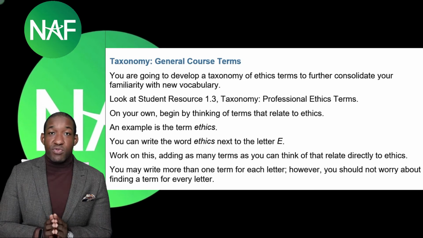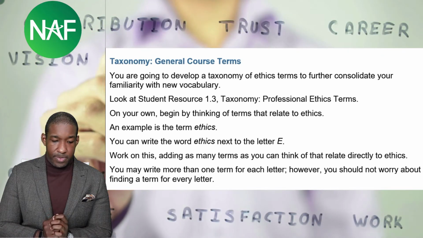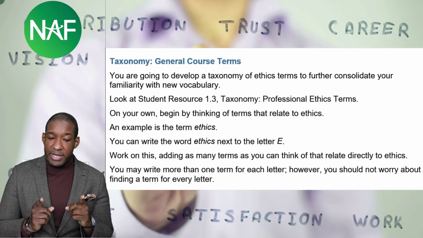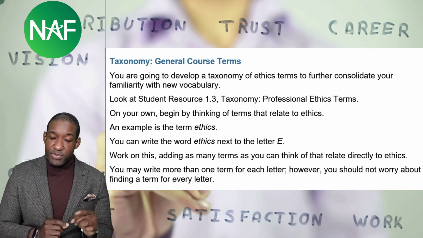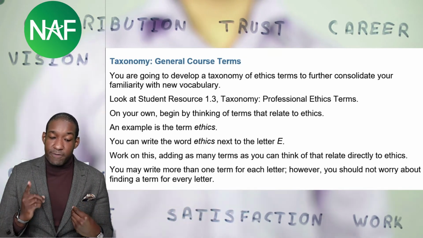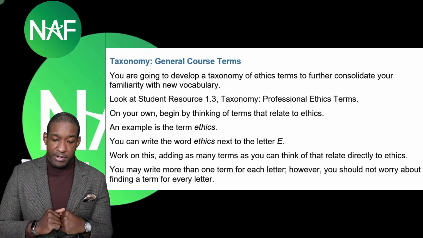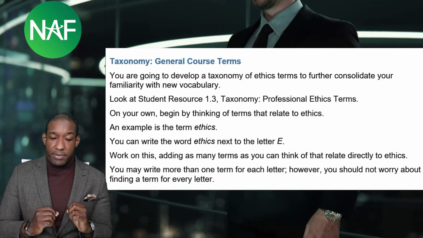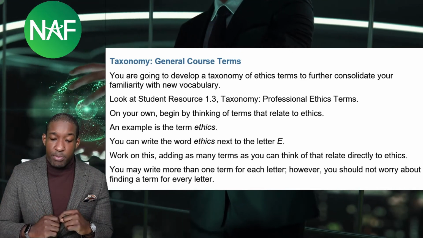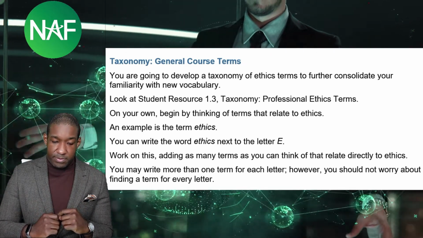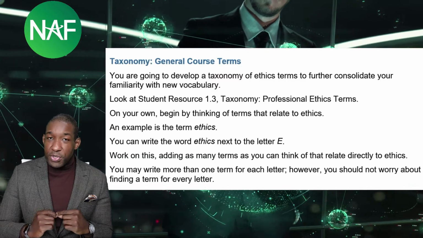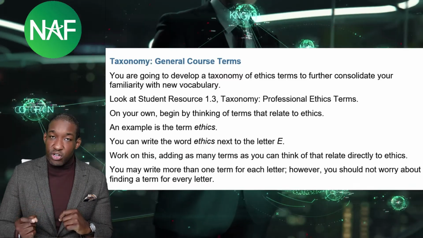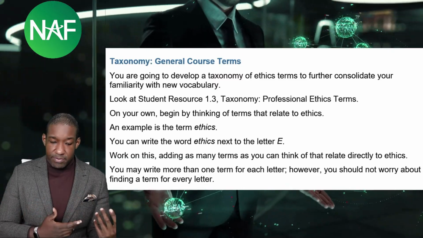Taxonomy, general course terms. You are going to develop a taxonomy of ethics terms to further consolidate your familiarity with new vocabulary. Look at Student Resource 1.3, Taxonomy, Professional Ethics Terms. On your own, begin by thinking of terms that relate to ethics.